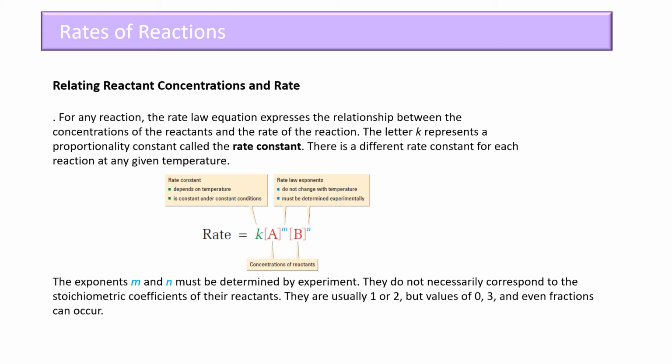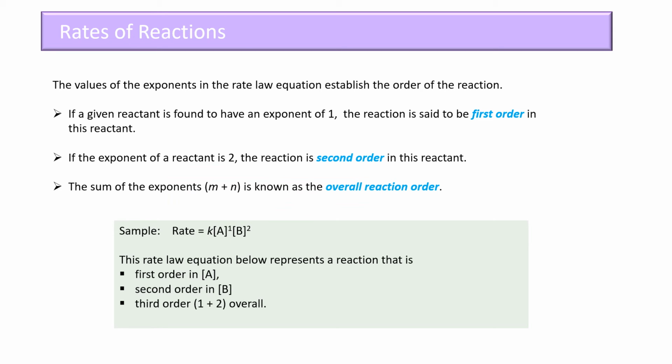So we have rate equals the rate constant k times the concentration of A to the exponent m times the concentration of B to the exponent n. The values of the exponents in the rate law equation establish the order of the reaction.